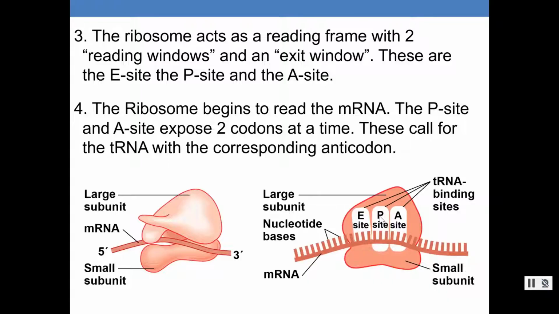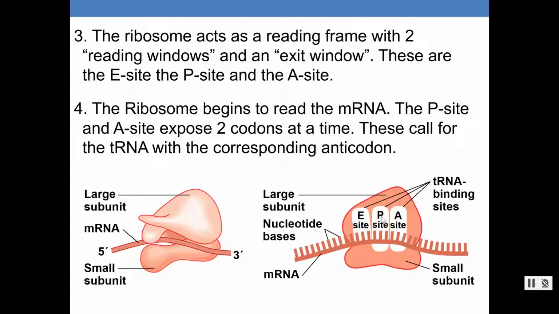Okay, so I have my E site and P site and A site, so there's actually room for 3 tRNAs to be here. So each one of these spaces has a different kind of function. The A site, this is where the tRNAs enter for the first time. So you can think of A for amino acid. The P site is where the growing polypeptide chain is going to be attached.